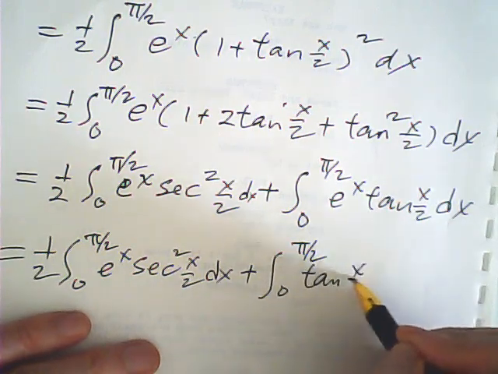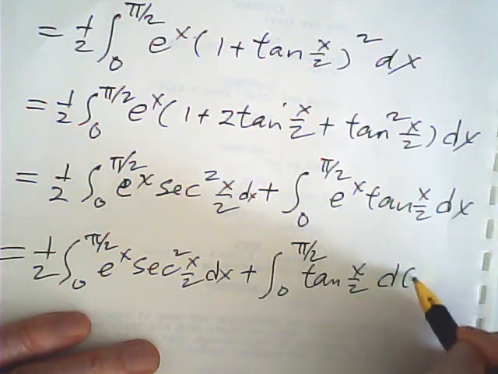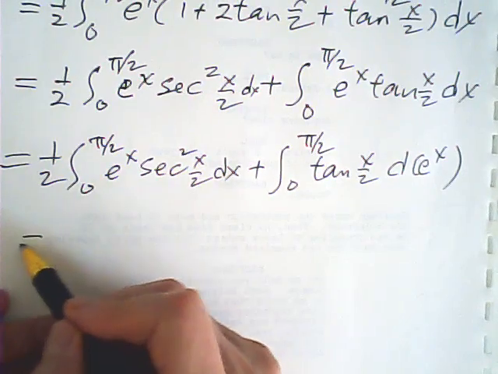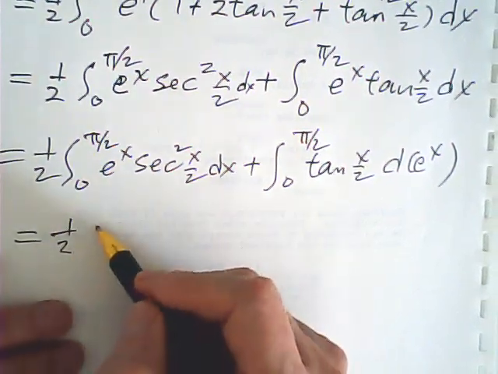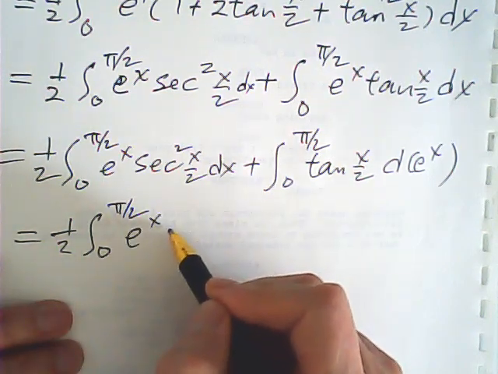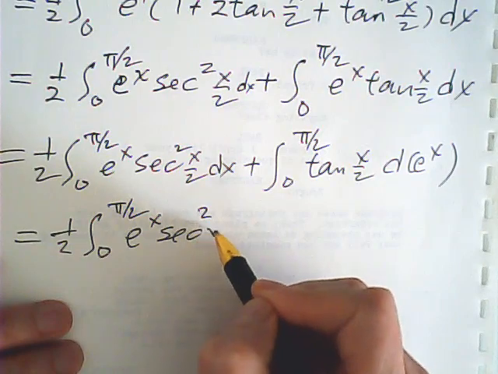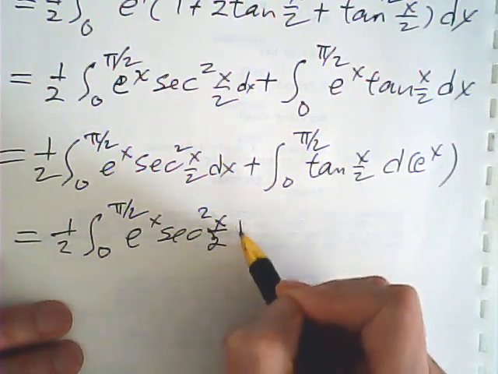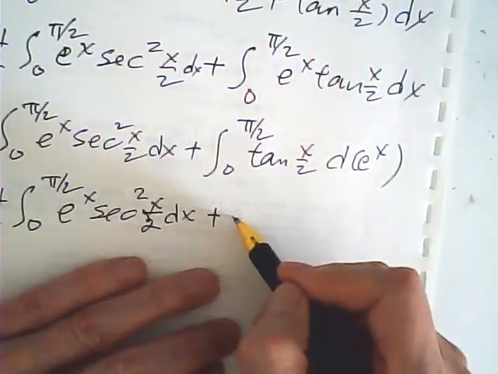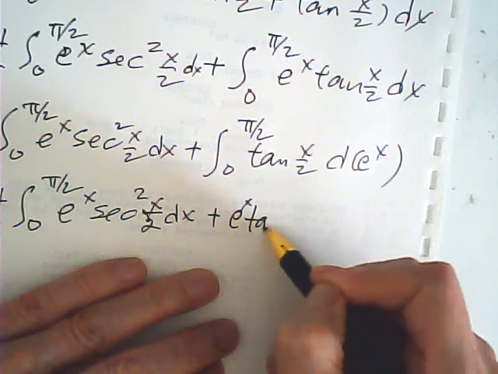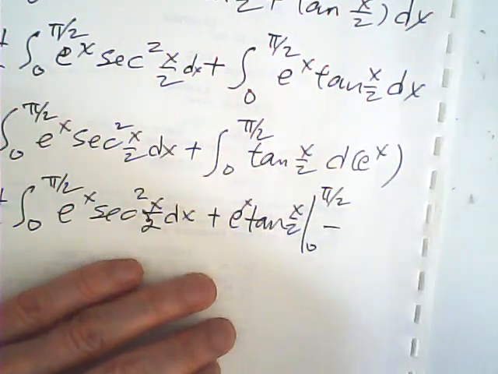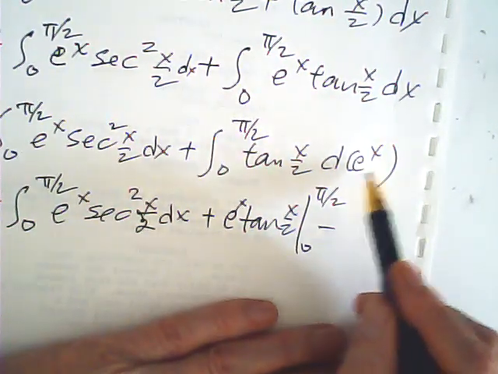Tangent half x dx. This one equals half e^x secant square half x dx. This one by parts: e^x tangent half x from 0 to half pi, minus v du.